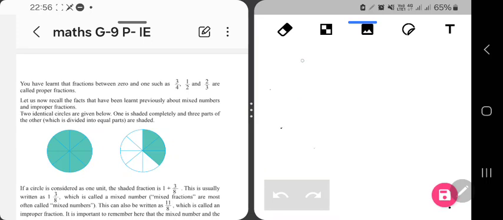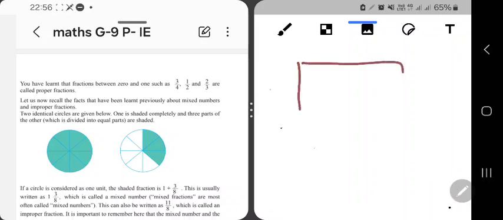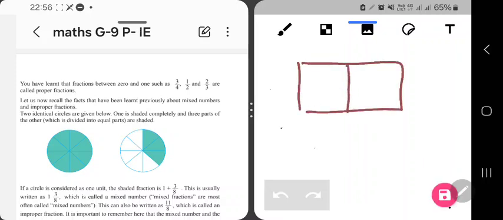Similarly, if you look at this rectangle, and I divide it into equal pieces and shade one, what is the shaded area as a fraction?